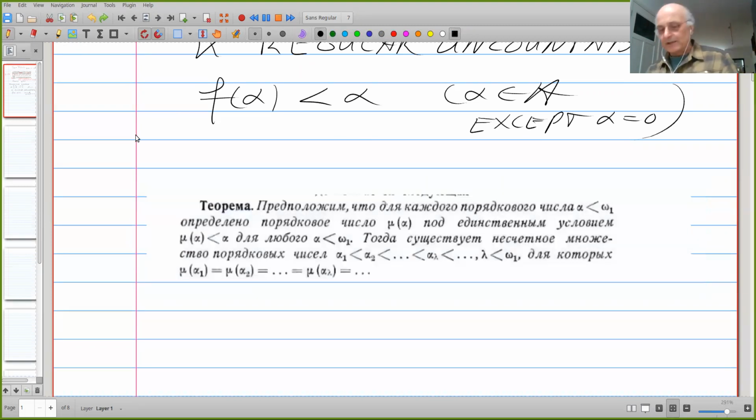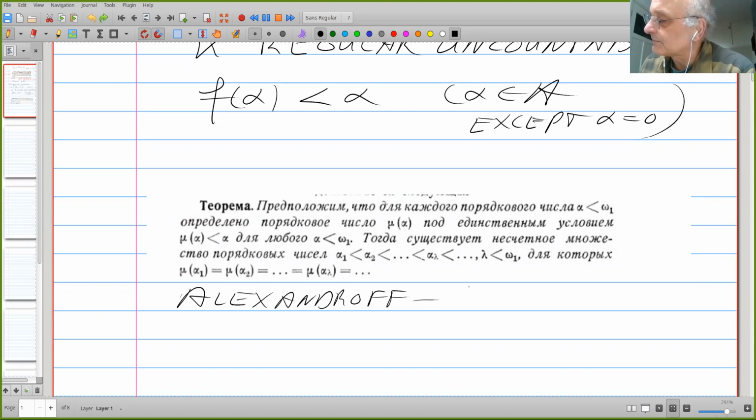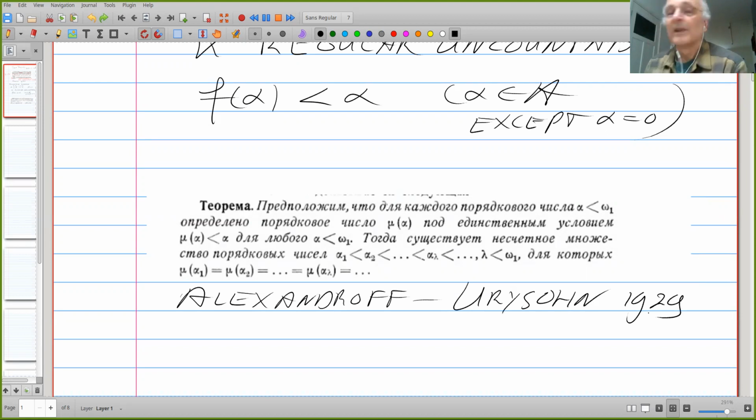I'm not going to expect you to be able to read this, but there is a famous paper by Alexandrov and Urysohn in General Topology about compact spaces.